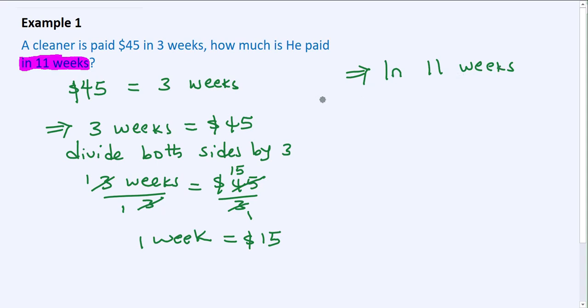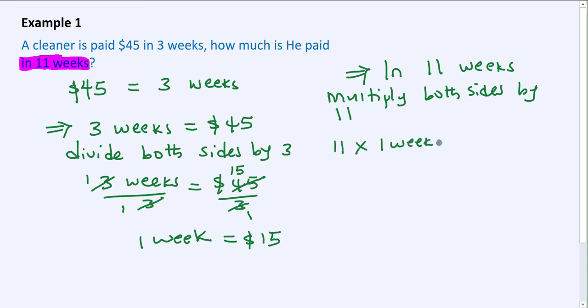We have to multiply both sides by 11. So 11 multiplied by 1 week is equal to 11 multiplied by $15. So this becomes 11 weeks is equal to, so 11 multiplied by 15 is what?